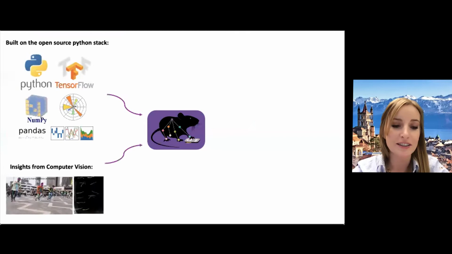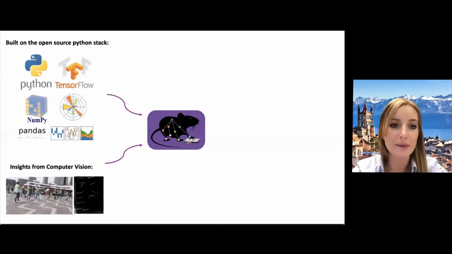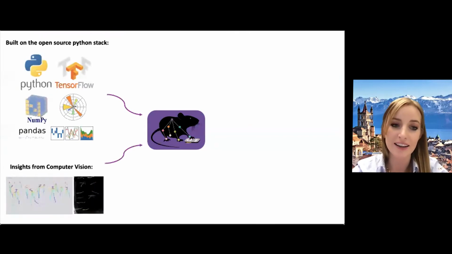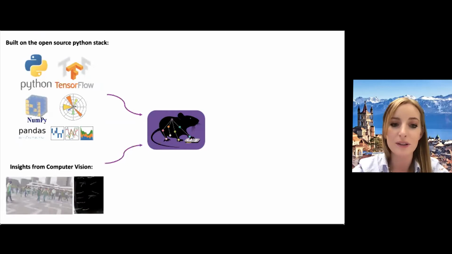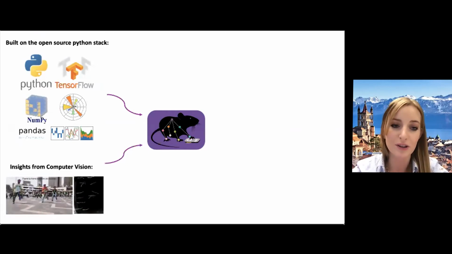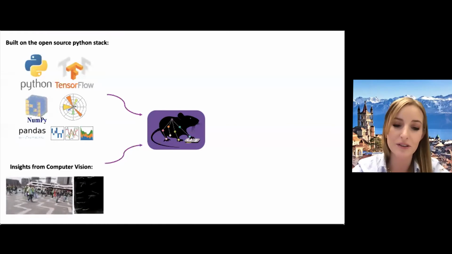This is just a diagram that I want to say that, of course, we're absolutely built on the open source Python stack. Like I mentioned, we're really using a lot of TensorFlow, Matplotlib, NumPy, Pandas. These are really core workhorses for us. We take these insights from computer vision that we do in our academic research and from others as well.